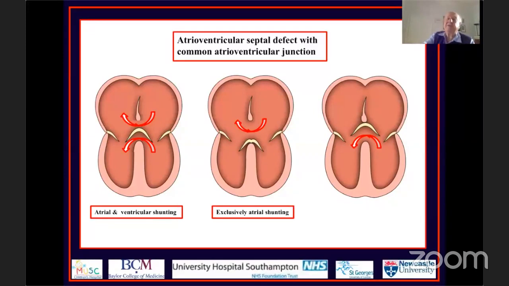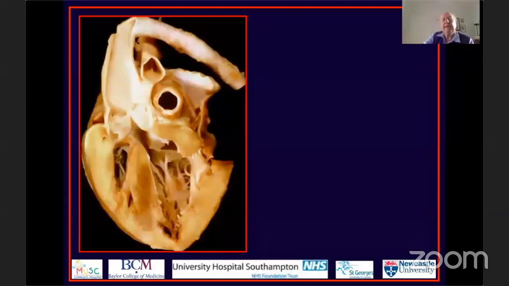And then, of necessity, shunting through the atrioventricular septal defect will exclusively be at ventricular level. And this is the true atrioventricular septal defect of so-called VSD type with a trifoliate left atrioventricular valve. Now let's see how we can relate that to common arterial trunk.